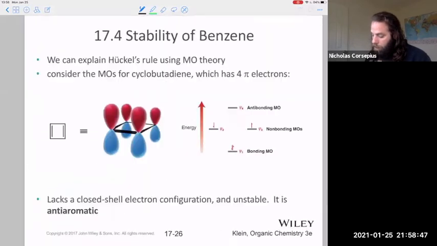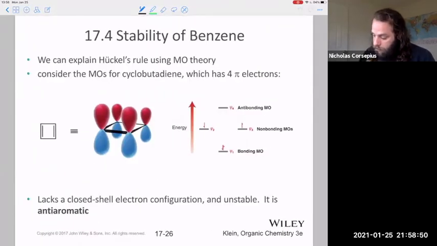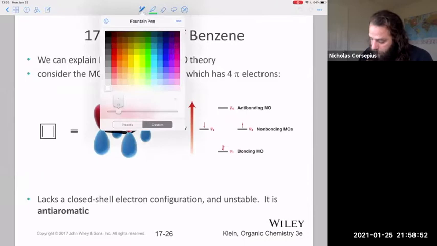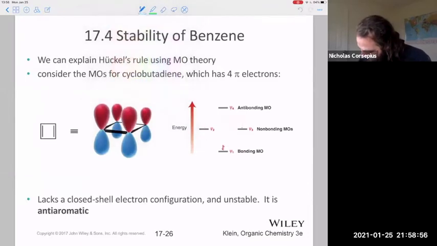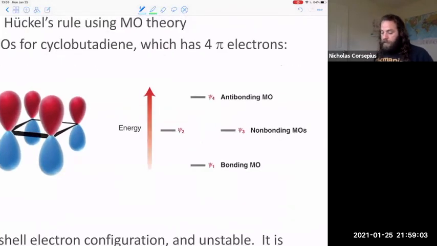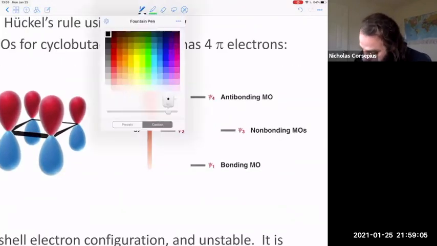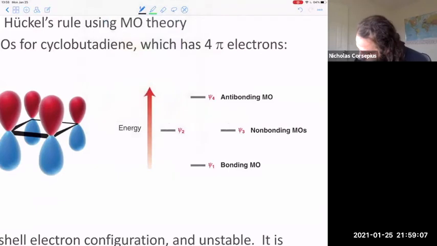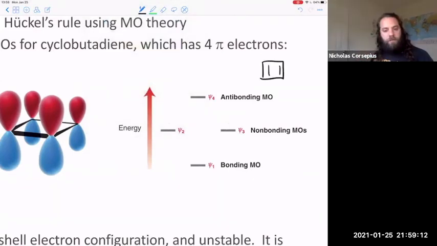And what we're going to see now is the anti-aromatics. Here is my molecular orbital diagram for cyclobutadiene. And again, why these levels are spaced the way they are, I'll explain in a second. Let's just make sure we know, once our orbital diagram is drawn, how to fill it in with electrons.